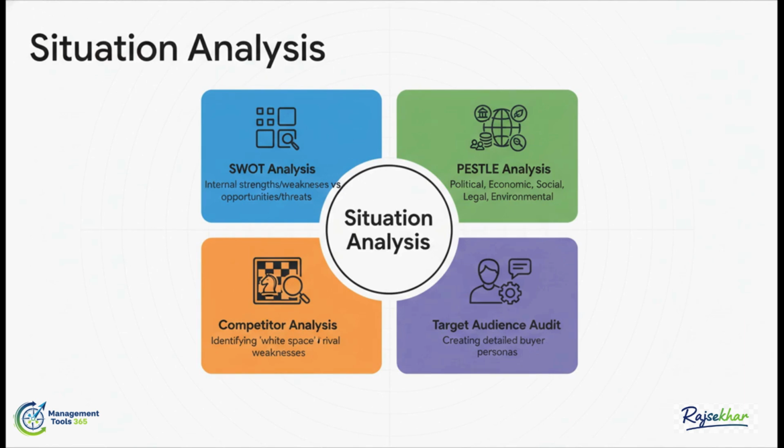You use PESTLE analysis to understand those big macro trends you just can't control. That's political, economic, social, technological, legal, and environmental factors. Then you really zero in on your competitors to find their weaknesses, and you audit your target market to create these super detailed profiles or personas of your ideal customers. Seriously, this isn't optional. It's the absolute bedrock of your entire strategy.